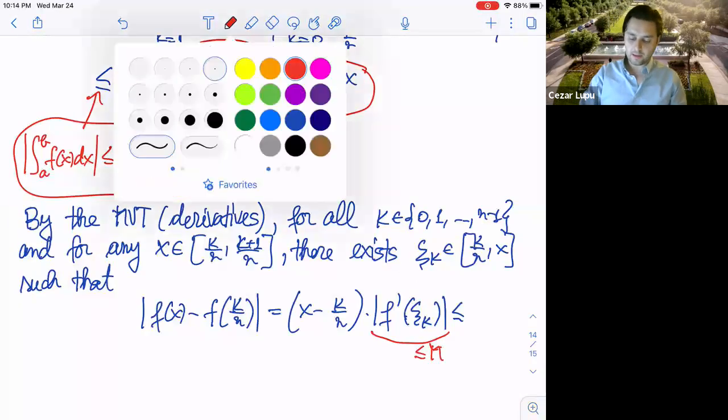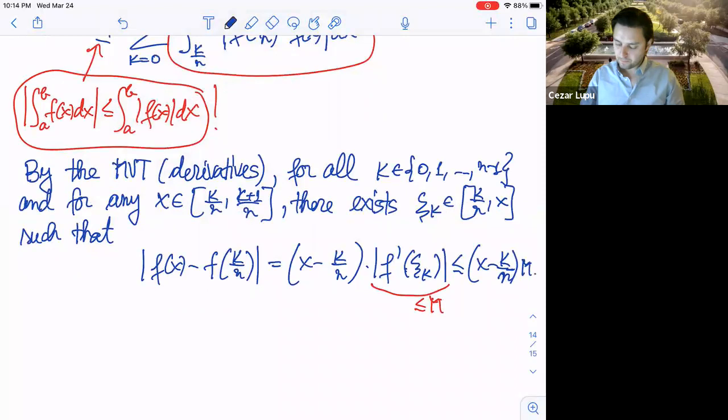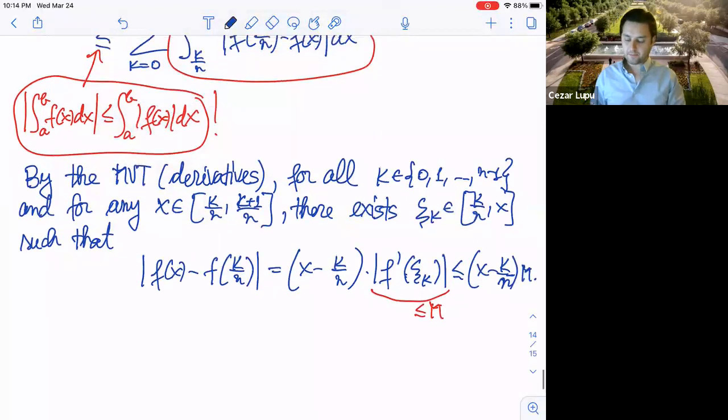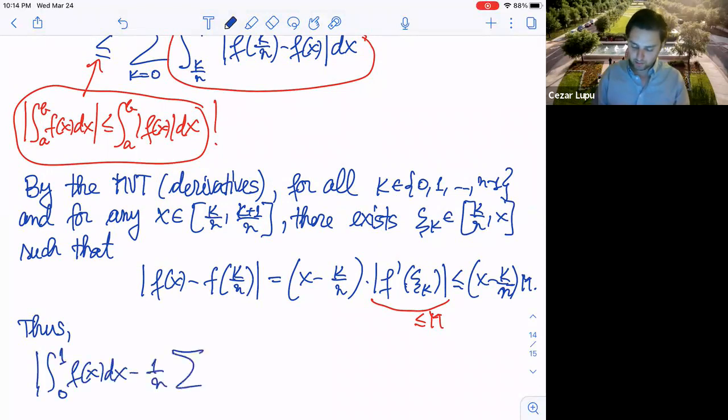So this implies that this guy here is less or equal than x minus k over n times m. Okay, great. So finally, this will give us that the integral from 0 to 1 of f of x dx minus this sum, 1 over n times the sum from k equals 0 to n minus 1 of f of k over n. So this guy here.